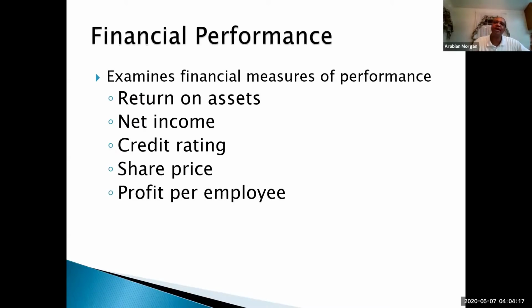Some companies might even take a measurement of how much profit they make per employee. Obviously, companies want to do more with less when things get tight for them. So if they need to cut back on their number of employees, they're really looking at how much profit per employee they are making in the company.